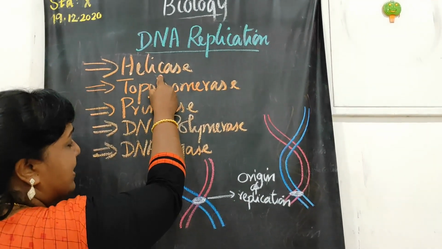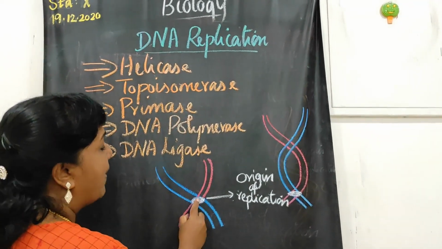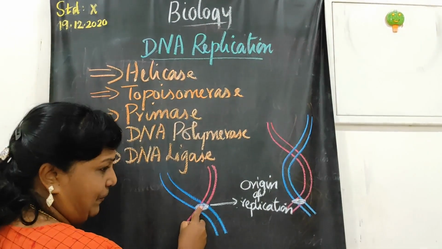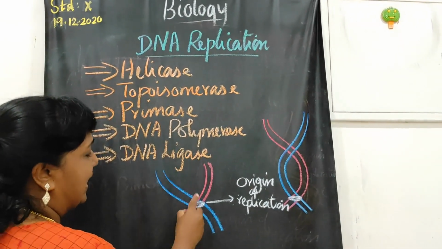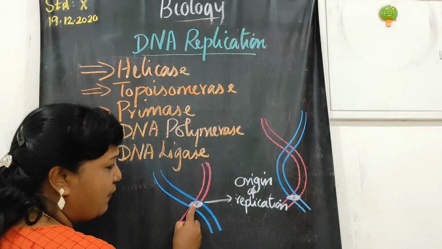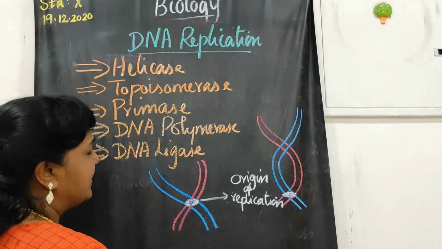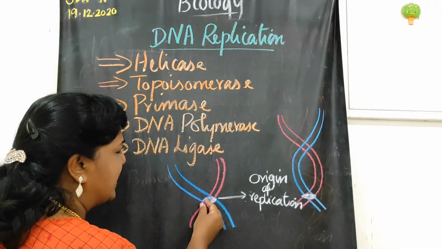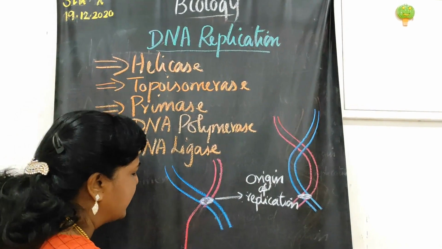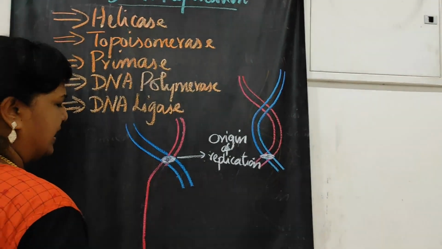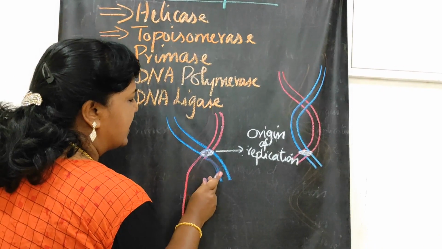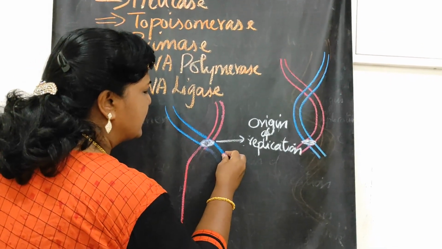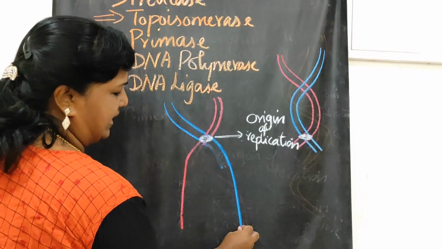Helicase. This enzyme helicase comes and binds with the origin of replication, so that the double strand DNA is separated into single strand DNA.